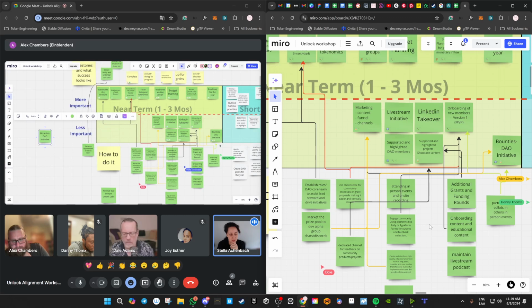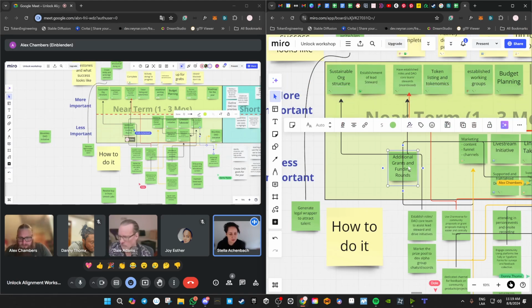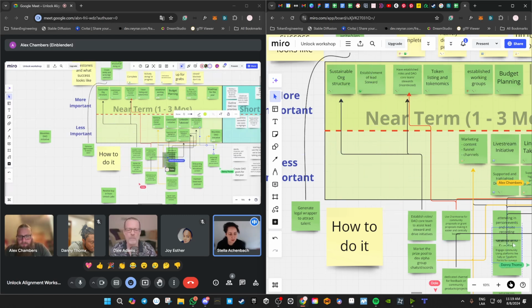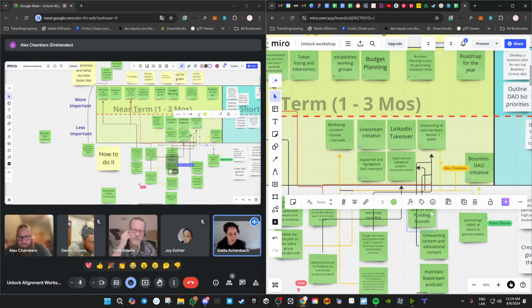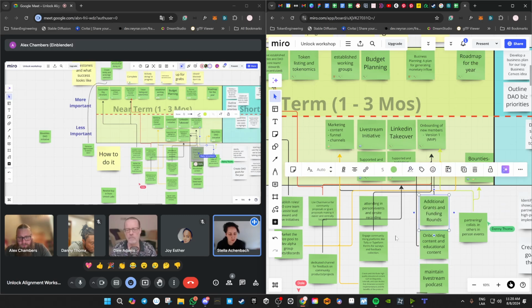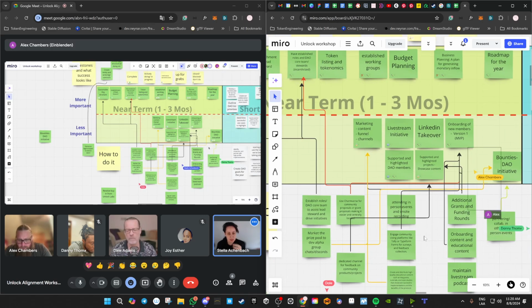And also, I do think stuff like, for example, the additional grant stuff, I think it actually does belong on this board, because it is in motion and it has already fulfilled some of its goals. Maybe not to the extent we would all like to see, but it should have been part of the roadmap in the first place.